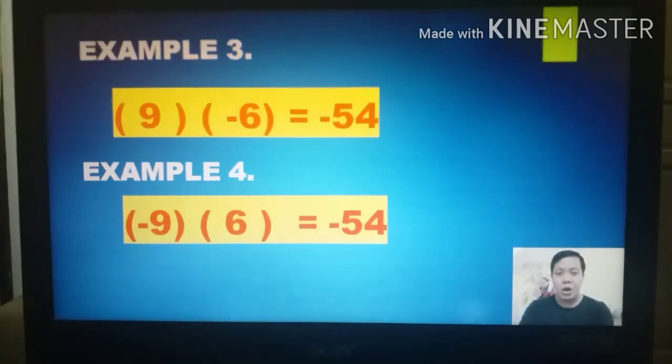Okay, so I just want to clarify something. This multiplication of integers, actually it's easy to understand because there are only two rules, unlike in subtraction and addition. In this operation, what you have to do is to find the product by knowing the signs of the two given integers, whether they are both positive or both negative.